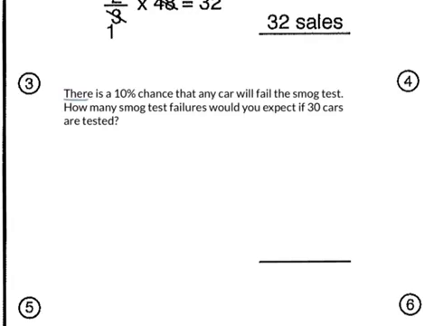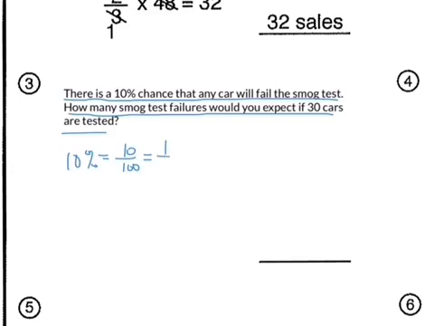Okay, so the problem reads, there's a 10% chance that any car will fail the smog test. How many smog test failures would you expect if there are 30 cars that are tested? 10% means 10 out of 100, which is equal to 1/10. We can simplify that.